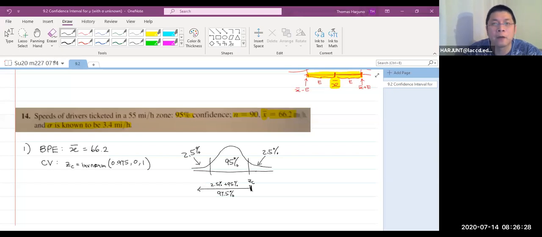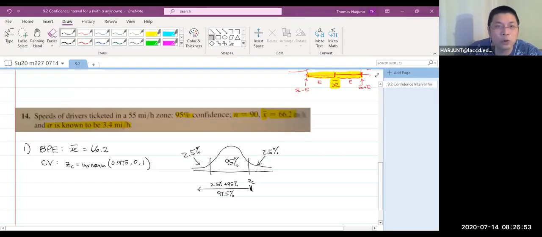Now the thing is, the actual calculator I have at hand right now is a TI-83. If you have a TI-83, you can just type inverse norm 0.975 and omit these two.